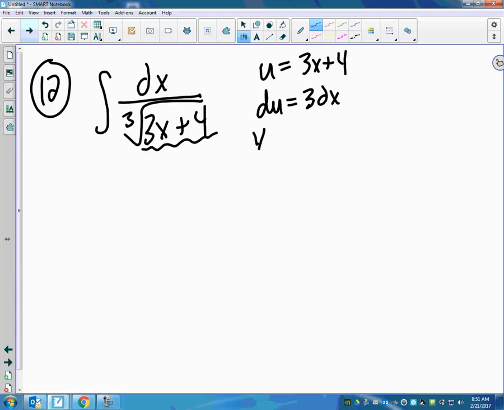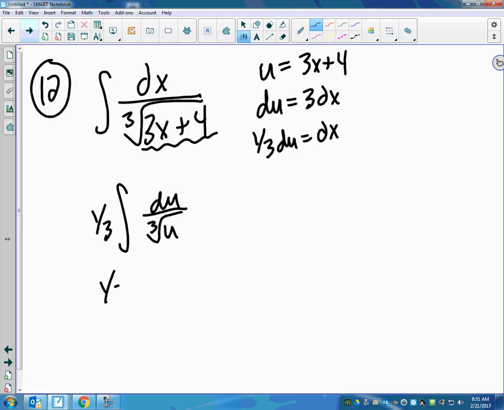So if I divide that over, I just need a 1/3 out there. So I can write that as the cube root of u, and then 1/3 du. Or I could even say that's u to the negative 1/3 du.